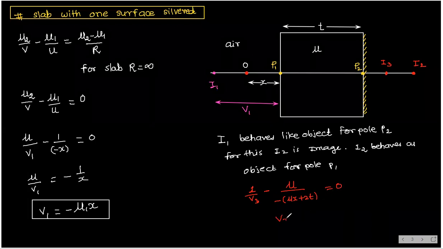And directly I am writing the answer: P3 is equal to minus of mu x plus 2t divided by mu.